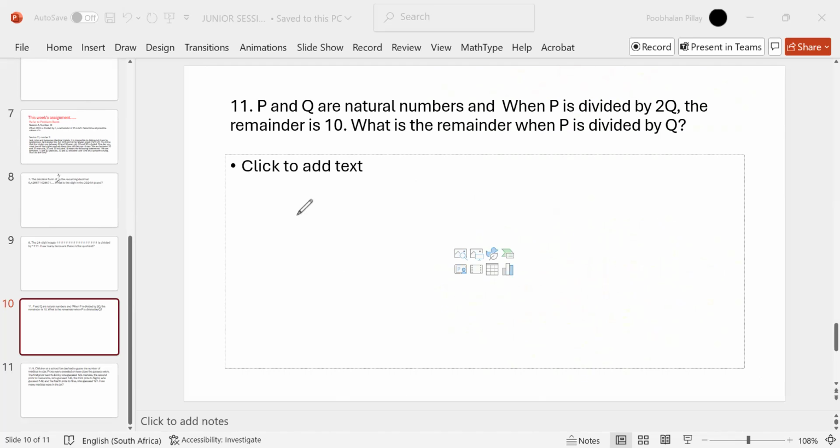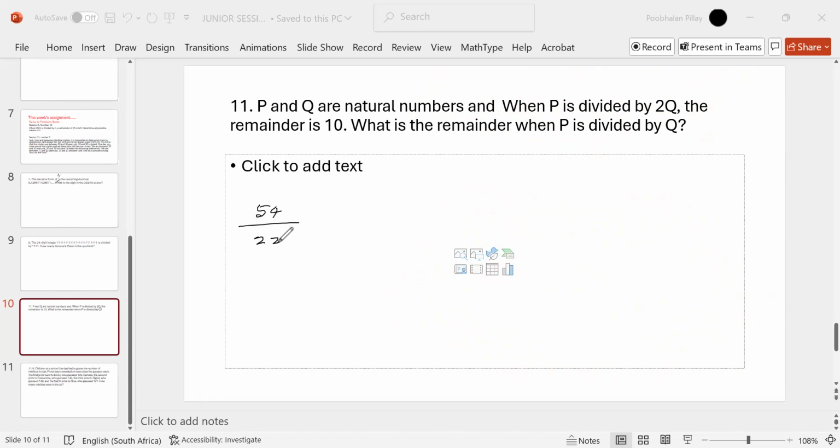So suppose I'm dividing by, say, 22, and the remainder is 10. So you're going to get a multiple of 22 plus 10.